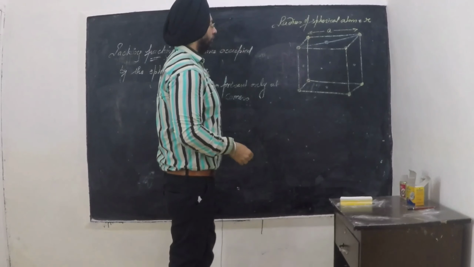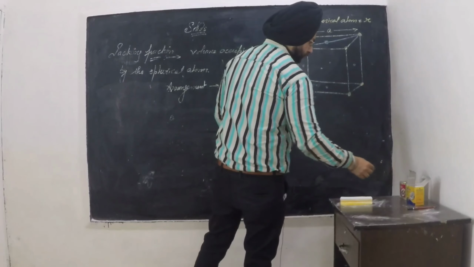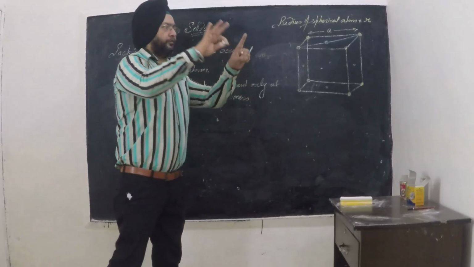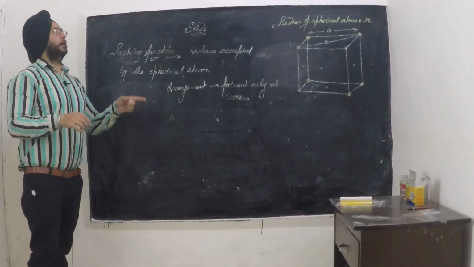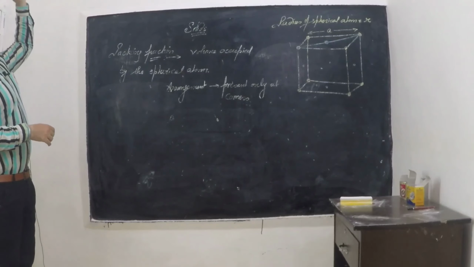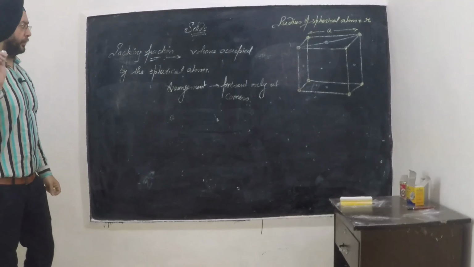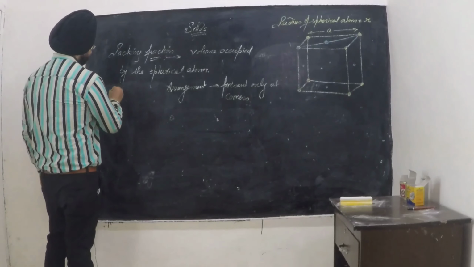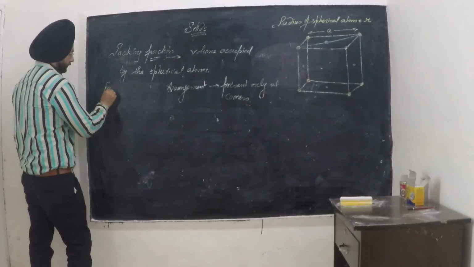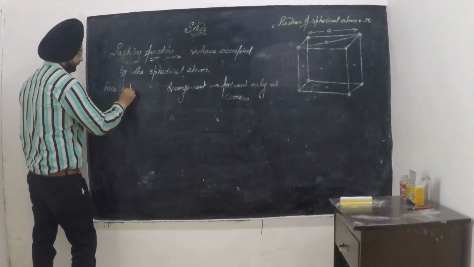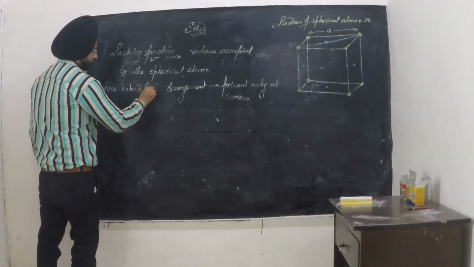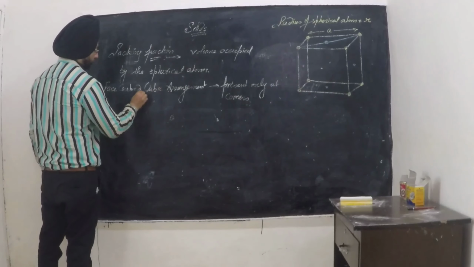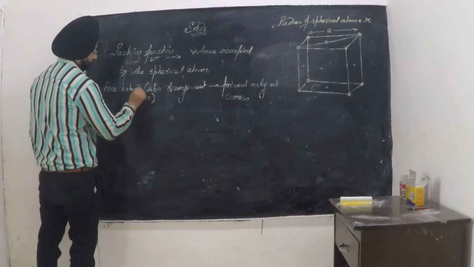Okay. Now, first check the angles between these sides, they are all 90. So you can use the Pythagoras theorem. It is face centered cubic, which is also called FCC.